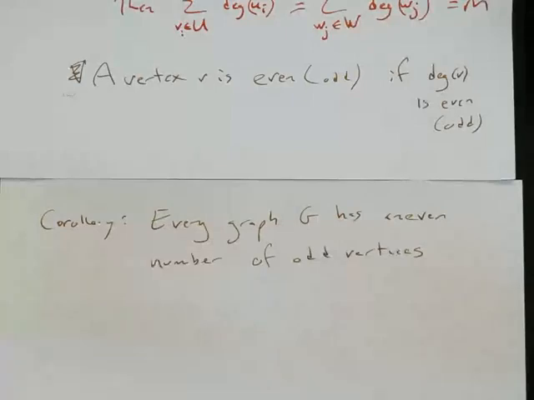Every graph has an even number of odd vertices? Why?